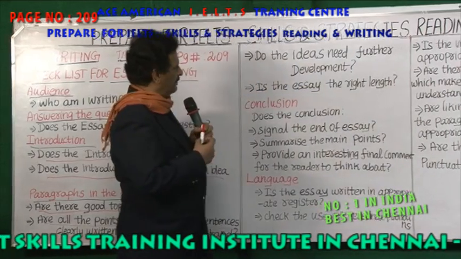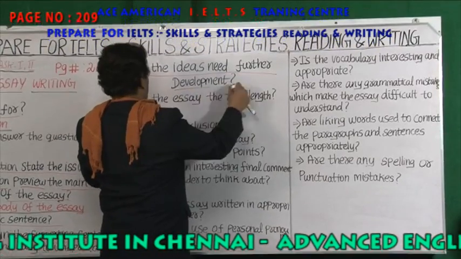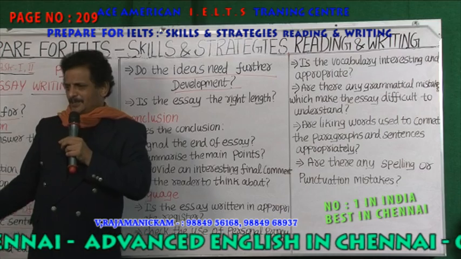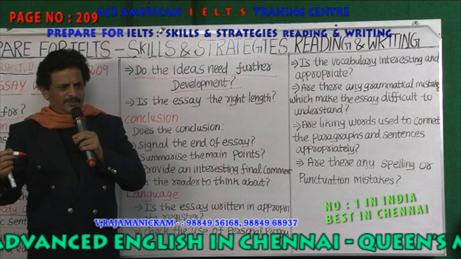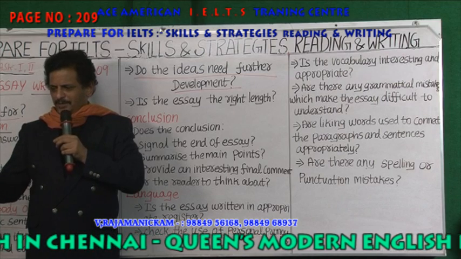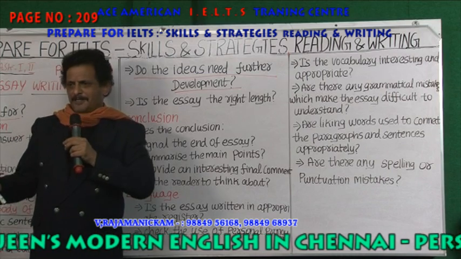Then, do the ideas need further development? What do you mean by that? Road accidents happen because of slippery roads, drunken driving. Then what are you going to give? Further development. How do you do further development?